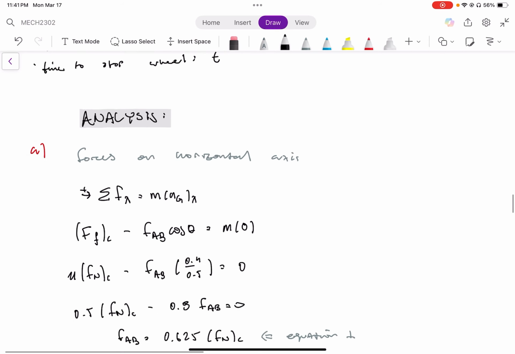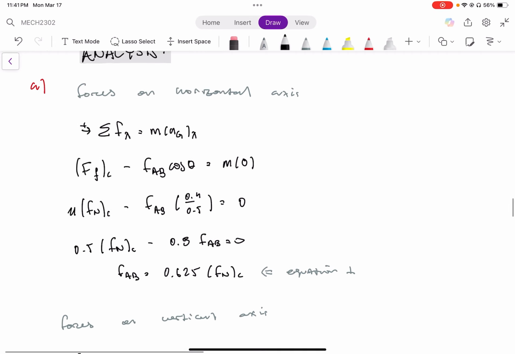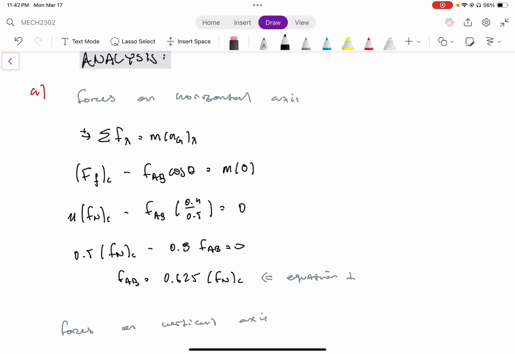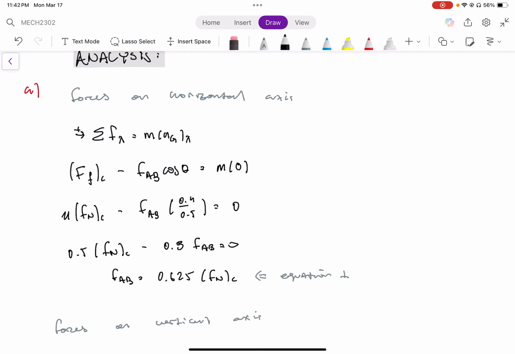So part A: at first we're resolving the forces on the horizontal axis, where the summation of forces Fx equals ma. This is the force of friction at C, minus the force of AB cos theta.